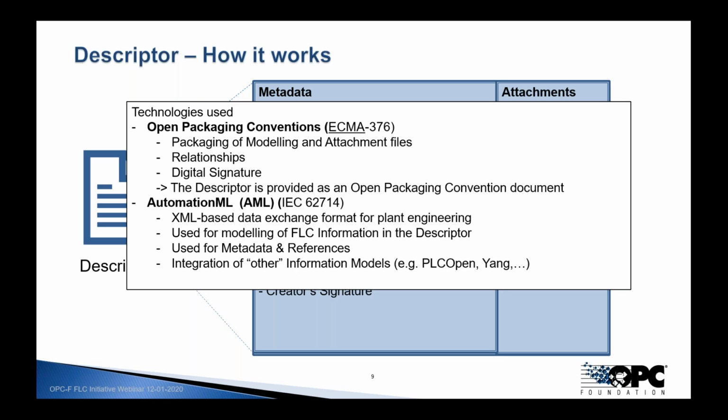We have looked around, and we have seen that in other standardizations, Automation ML is used, and this is a quite valid and well-proven XML-based format for plant engineering. So what we are defining is that the modeling information in the descriptor should be based on Automation ML.